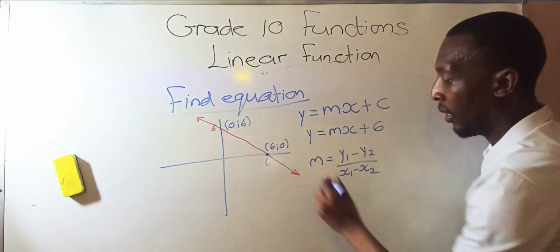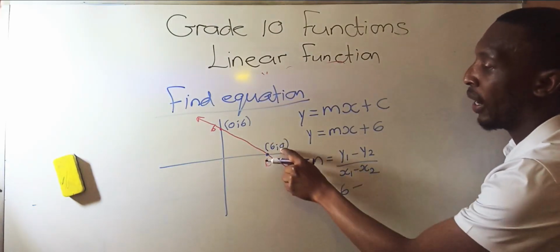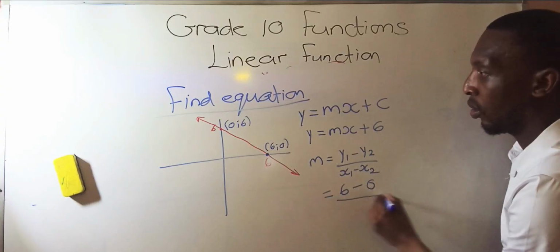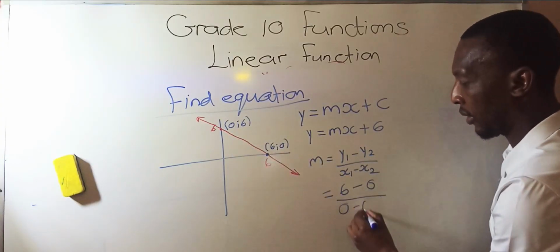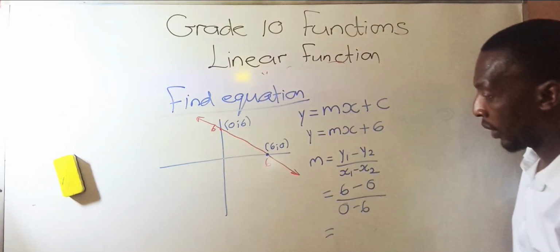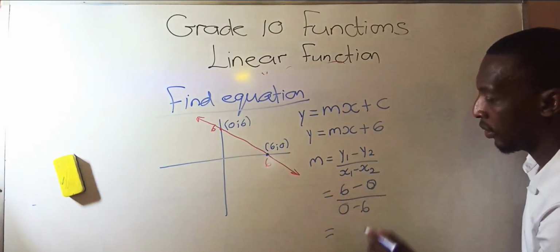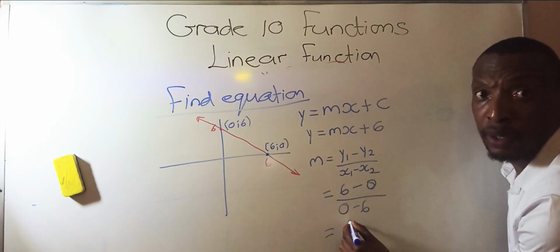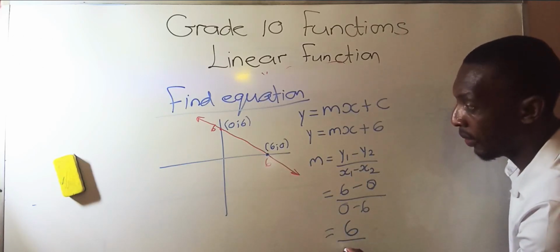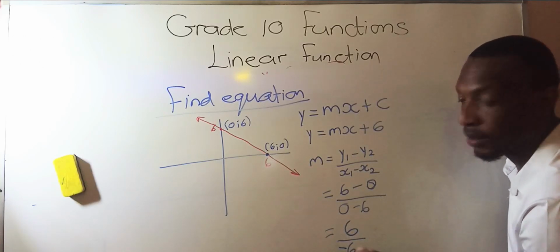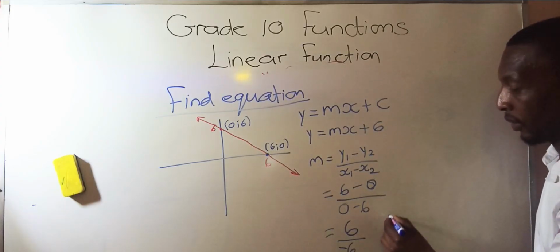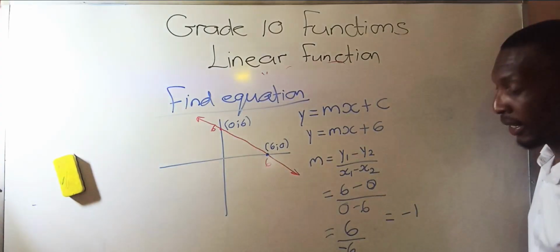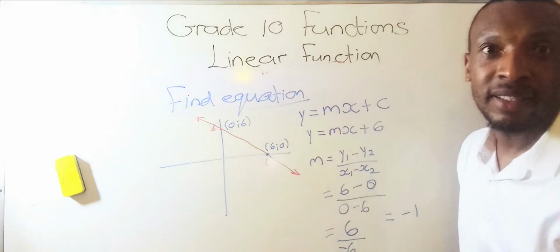So y1 is 6, y2 is 0, x1 is 0, x2 is 6. So 6 minus 0 is 6 over -6, and that is simply equal to -1. So the gradient of this line is -1.